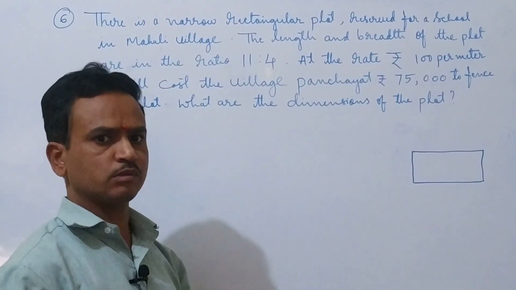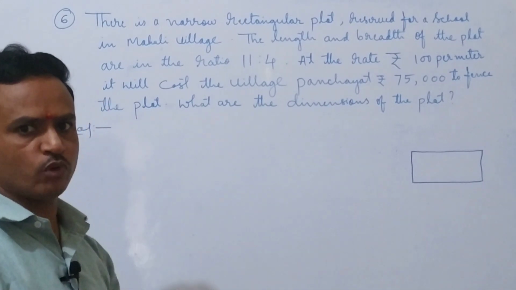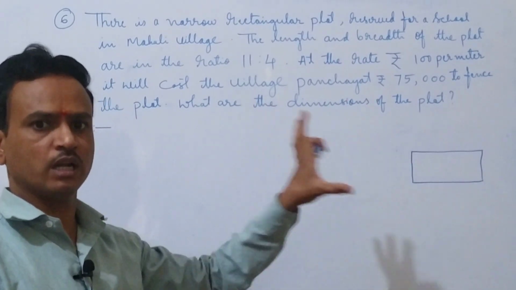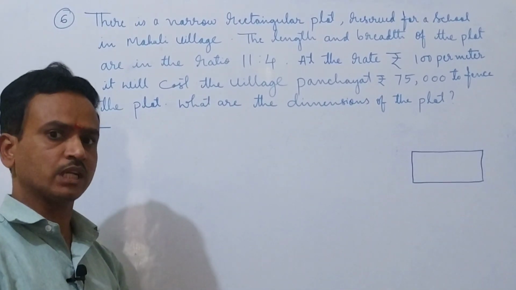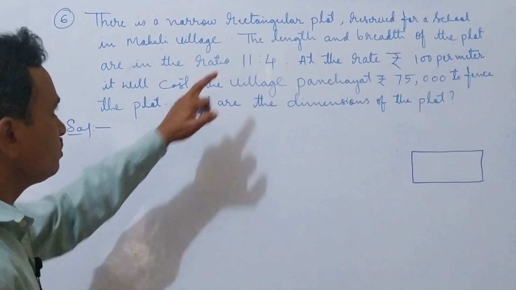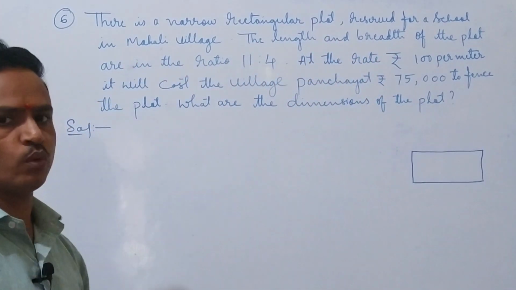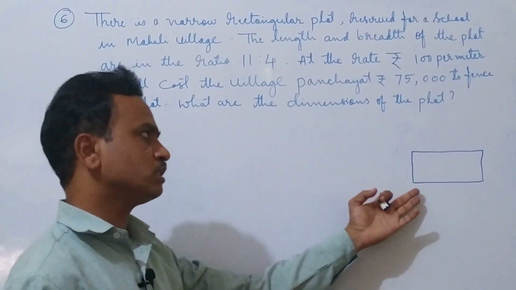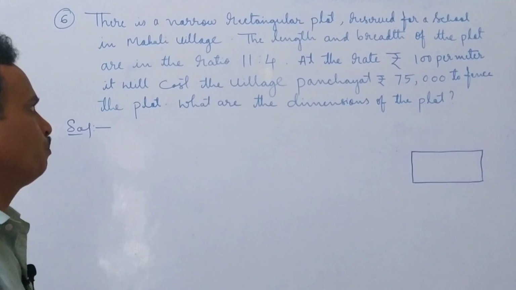The name of the village is Mahauli. That area is reserved for school purposes, and the shape of that area is rectangular. The length and breadth of this plot are given in the ratio 11:4.